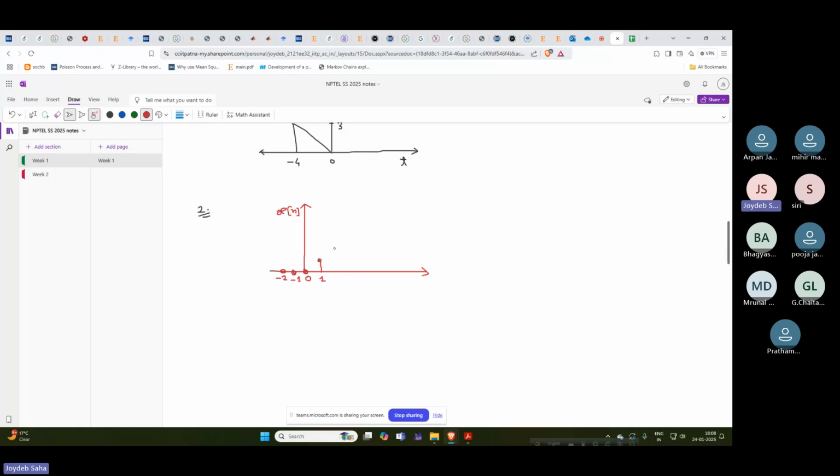At 2, 3, and 4. Okay, so this is 1, 2, and 3.